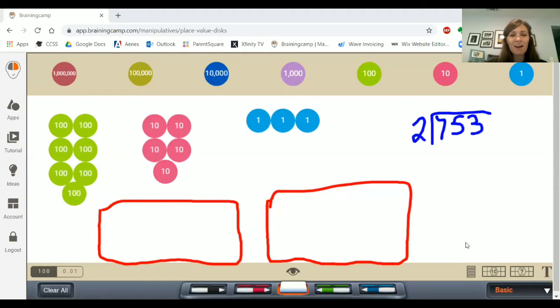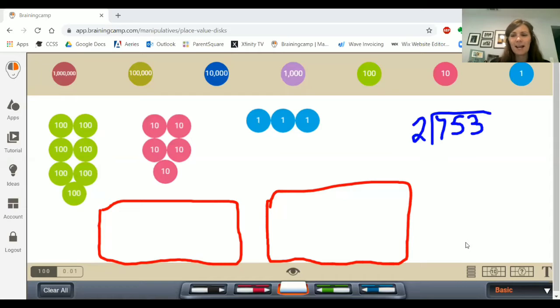Well, since we'll be doing online learning, I have the same ones in a virtual format. I can also have it to where your child can manipulate them on their side of the screen as well. So I'm going to move my face here. And let's do this problem together.